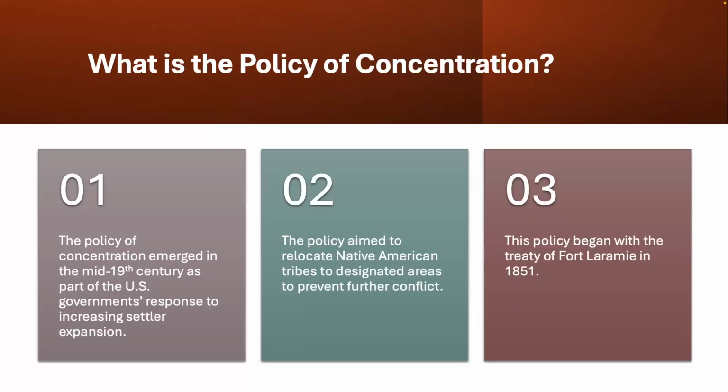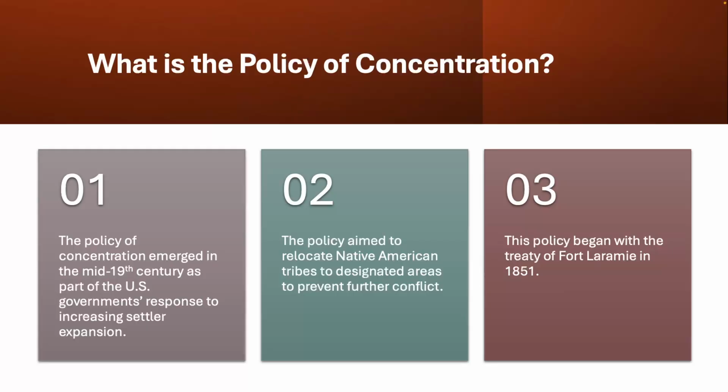In 1851, as we already know, we see the Treaty of Fort Laramie, which was signed between various different tribes and the US government, which was the sort of precursor to concentration, and was an agreement that essentially delimited the borders in which Native Americans would hold their land. It offered to protect settlers. It also offered to give settlers a lot of compensation in the form of annuities. But of course, none of these things really came to fruition, and the Treaty of Fort Laramie would ultimately fail.